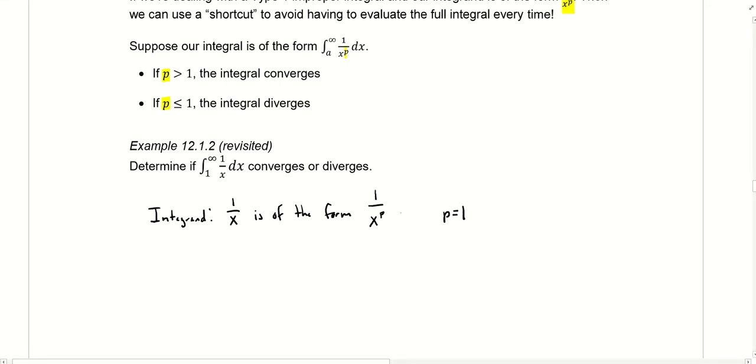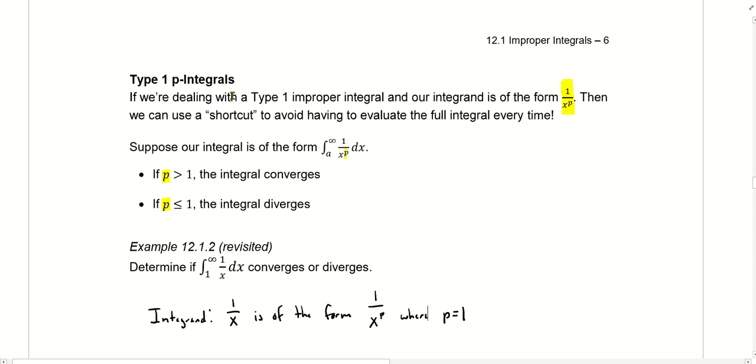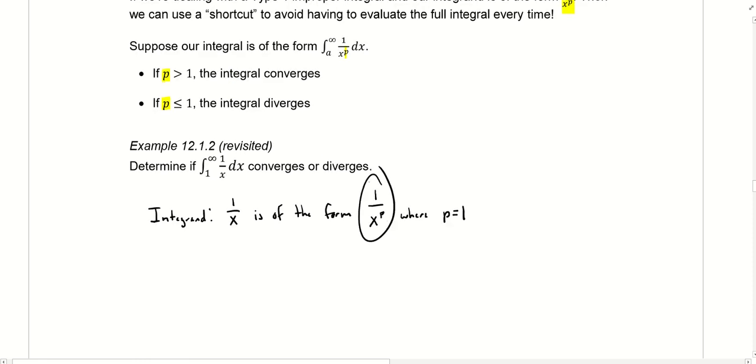So, because I have a p-integral, my integrand is of this form, and I'm integrating from a constant to infinity, I can use this shortcut. I can see that p is less than or equal to 1, which allows me to immediately say this integral diverges. So since p is less than or equal to 1, the integral from 1 to infinity of 1 over x diverges.